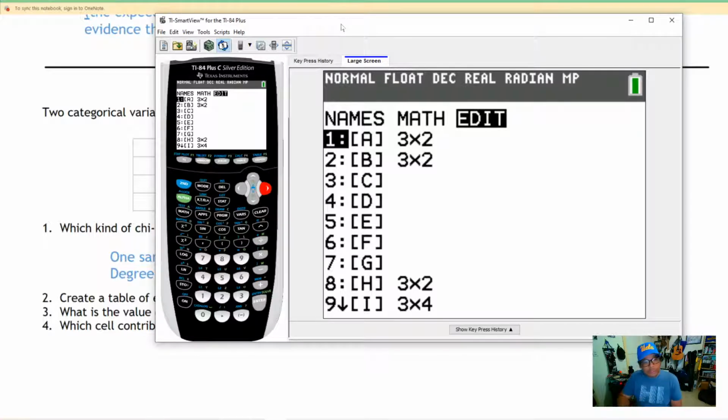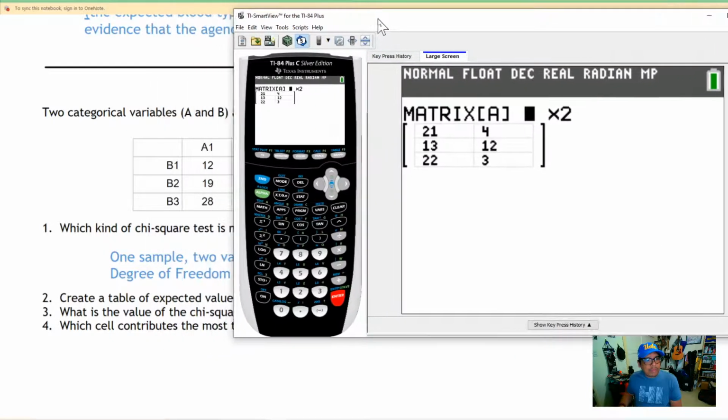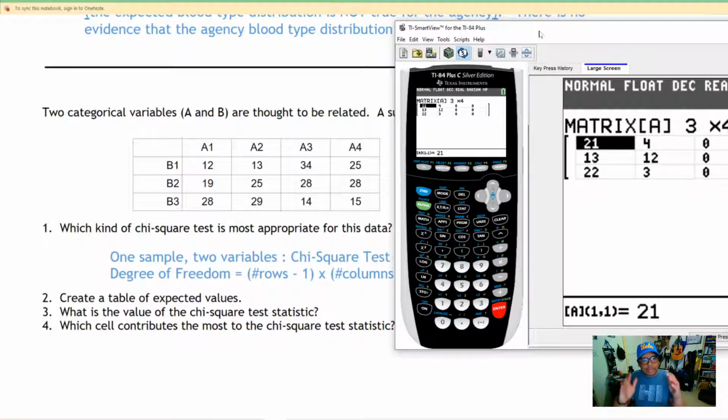And the one that we're going to use is matrix A. Let's change matrix A. We know that we have 3 rows, 4 columns. And that will get our matrix set up in the correct dimensions. Now we're just going to enter in all of our values here. 12, 13, 34, etc., etc.